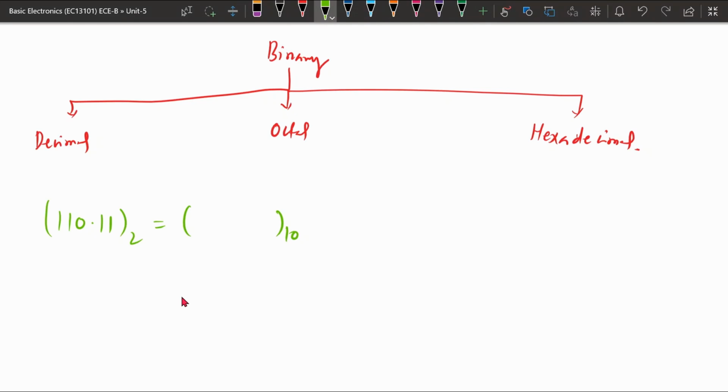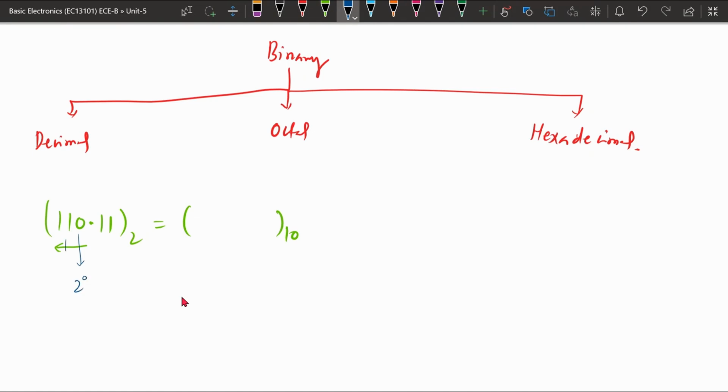we will be employing the concept of weight. While writing this binary number, each digit has its weight. After the decimal point, if we go on the left side, the first digit has a weight of 2 to the power 0.